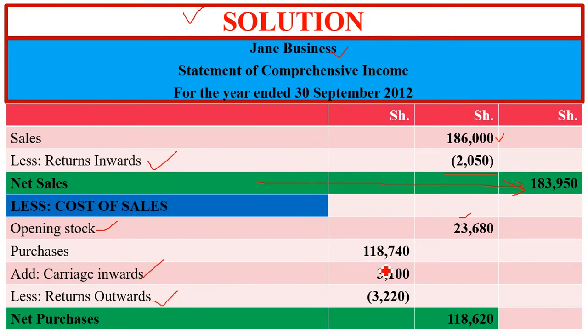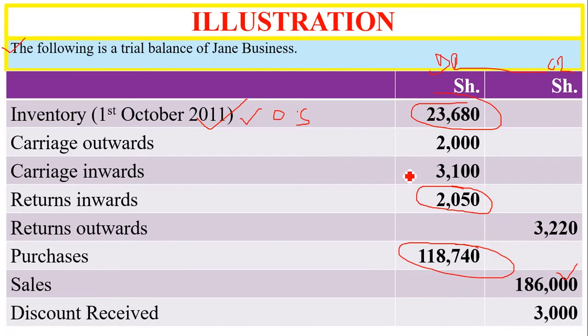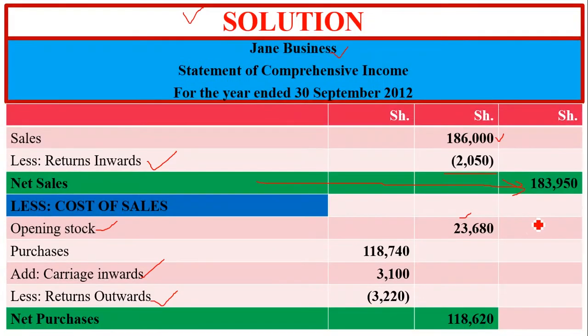So we have carriage inwards of 3,100, and returns on purchases, that is returns outwards of 3,220. You take the purchases, you add that 100, you less that 220. Whatever is resulting here is your net purchases.